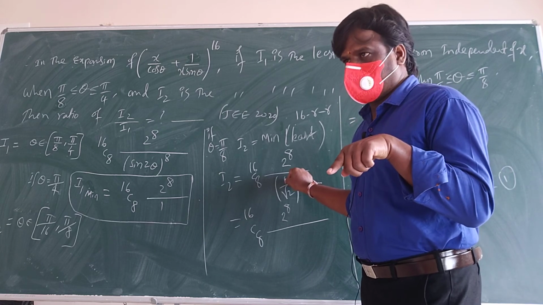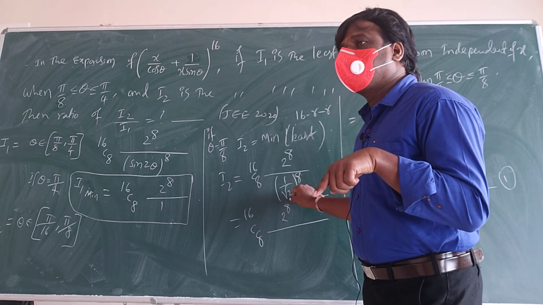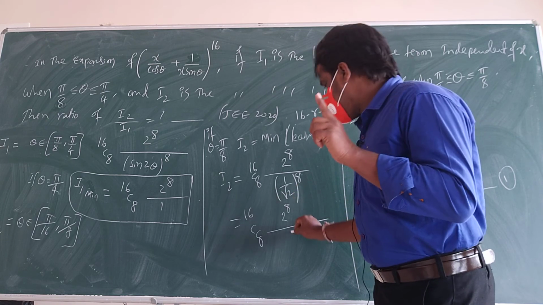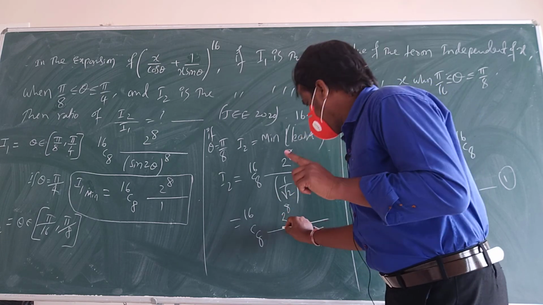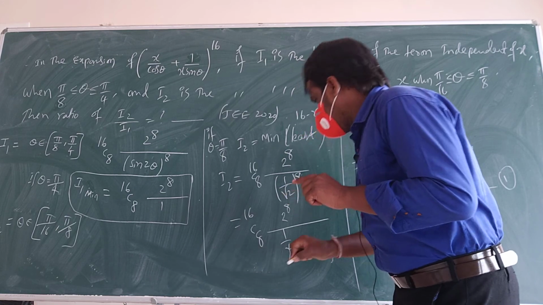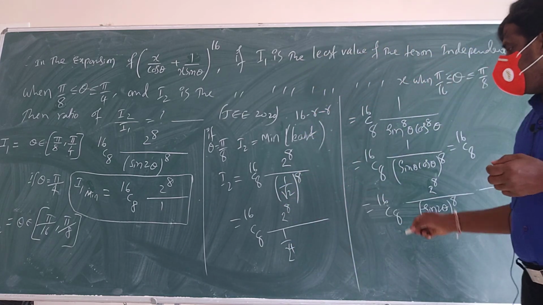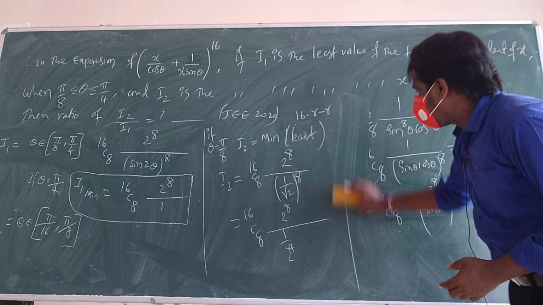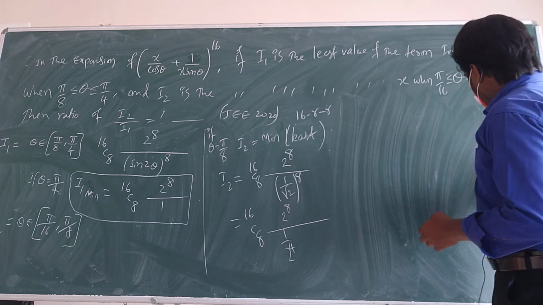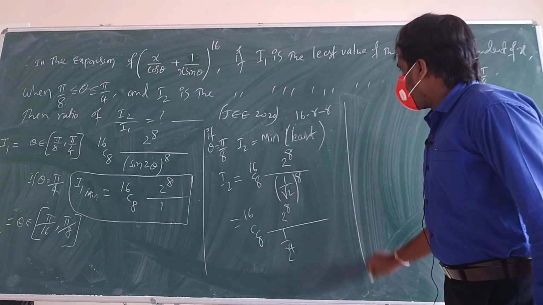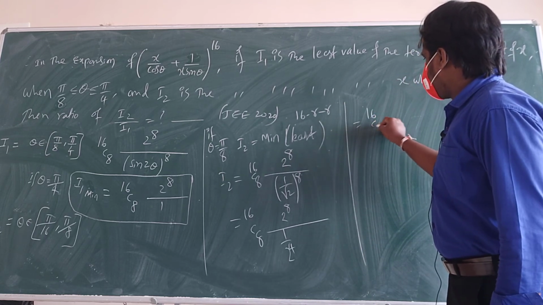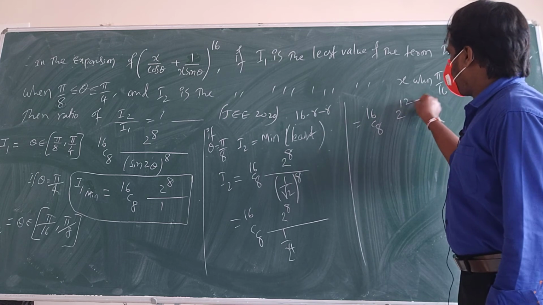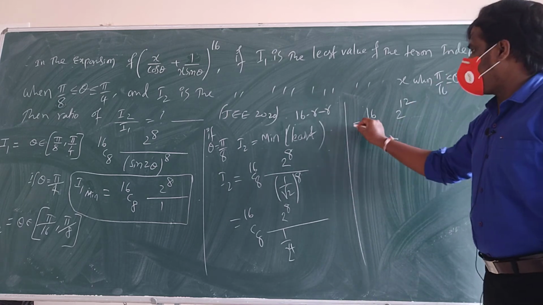Root 2 power 8 is 2 power 4, so 1 over 2 power 4. So I get 16C8 times 2 power 12. This is the I2 I got.